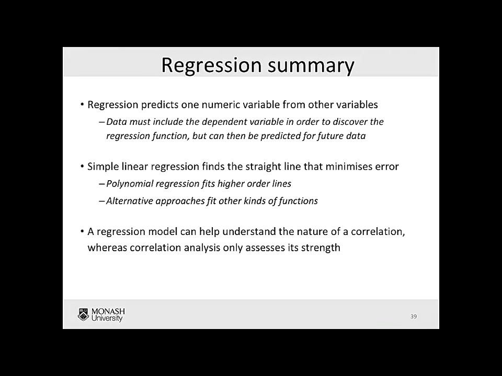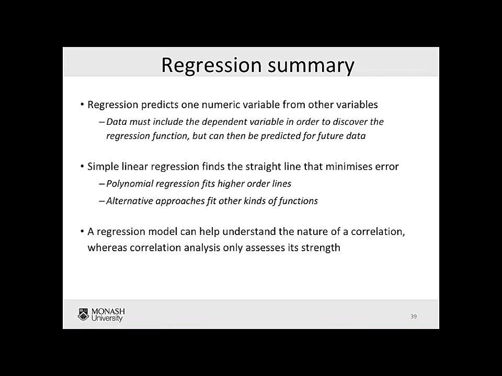So regression predicts one numerical variable from another. It must include the dependent variable in order to discover the regression function, but then can be used to predict future data from that original variable.